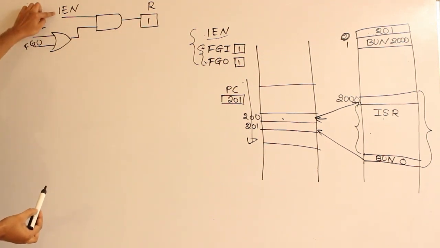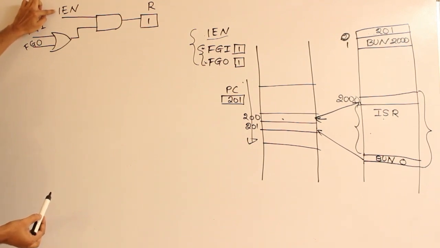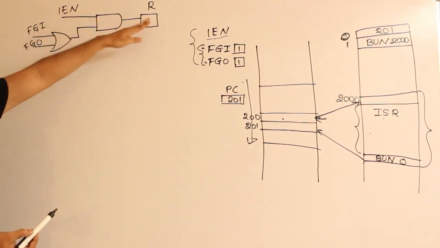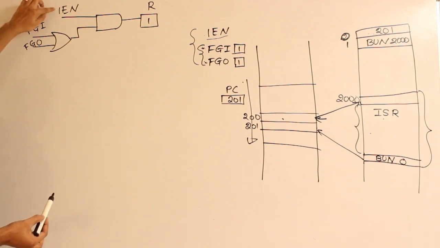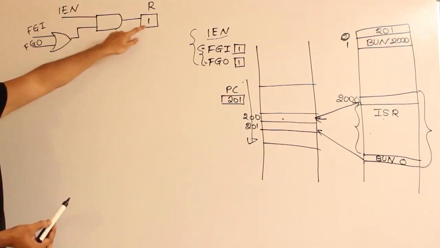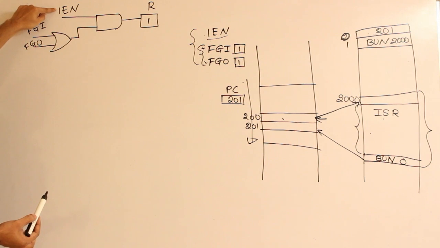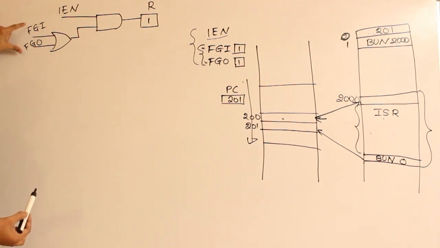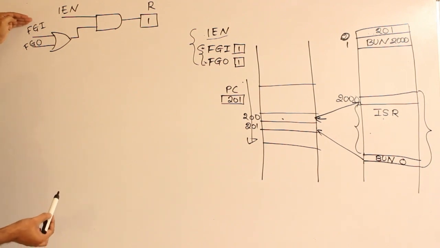Our program wants to be interrupted. If our program doesn't want to be interrupted, then this particular IEN will be 0, and we will never get any interrupt there. Whenever this one is 1, it means that our program wants to be interrupted, and one of the input or output conditions is 1, which means you have to service either some input or output. That is the meaning of it.